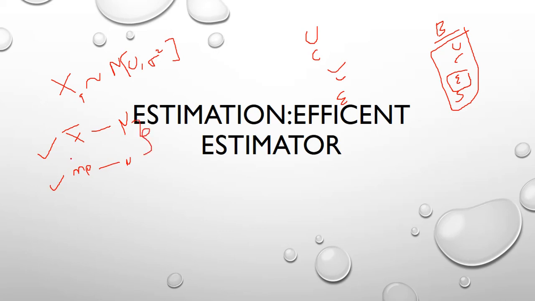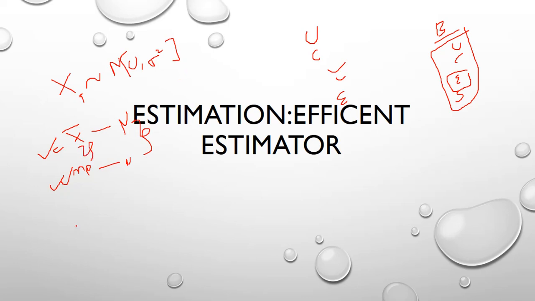Understand, here x bar has unbiasedness and consistency, and the median also has unbiasedness and consistency in the normal distribution. Now the question is how I can select the best test statistic. In this case I apply the efficiency rule.